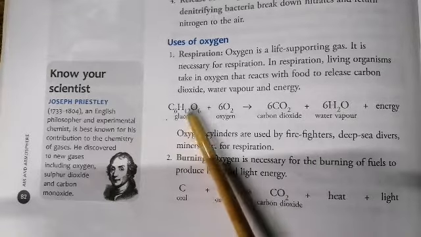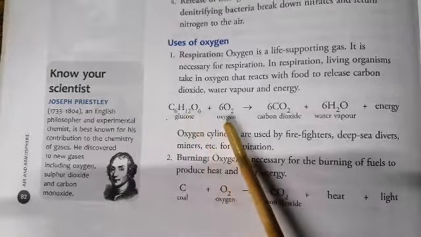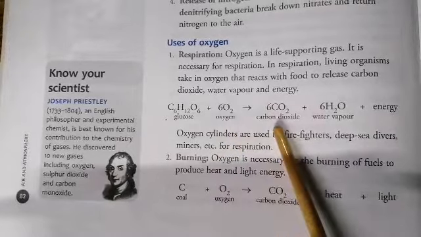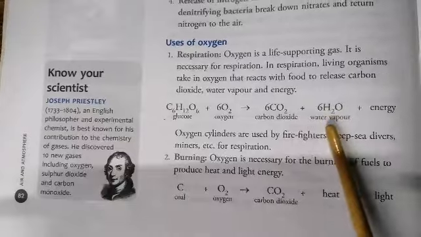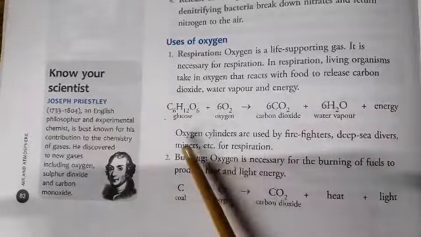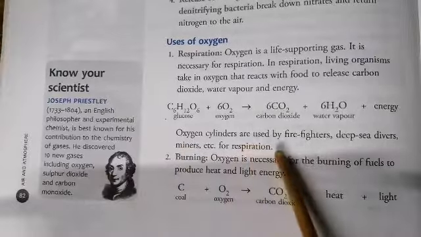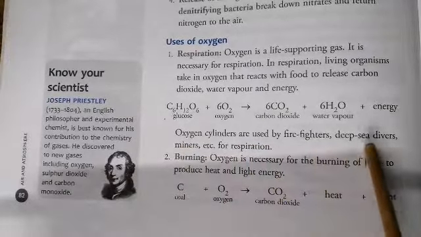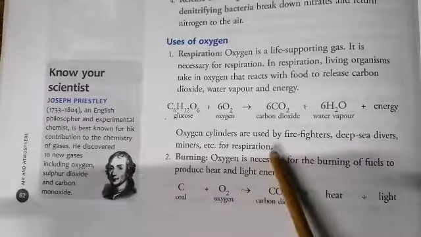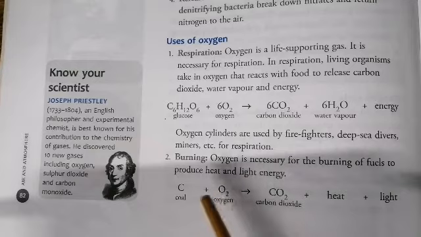Glucose, C6H12O6, gets oxidized by oxygen to give you carbon dioxide, water vapor, and energy. Now, oxygen cylinders are used by firefighters, deep sea divers, miners, etc. for the purpose of respiration.